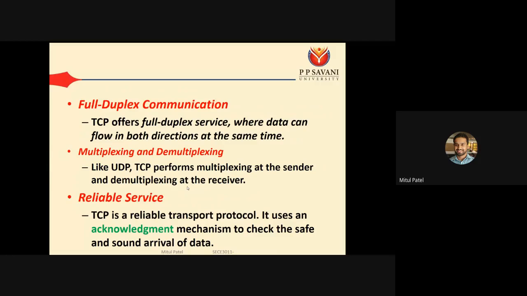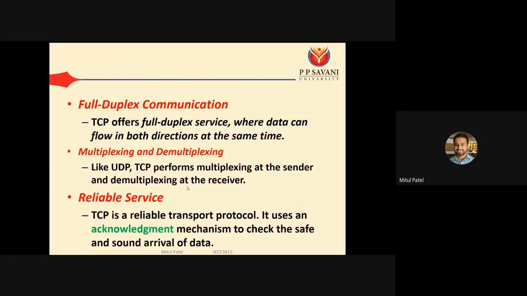It is a full duplex communication. That means data can flow in both directions at the same time. It uses multiplexing and demultiplexing. That means if multiple processes want to use the TCP protocol, then we require multiplexing at the sending side and demultiplexing at the receiving side. It is a reliable service. That means we require an acknowledgement before completing the transmission.